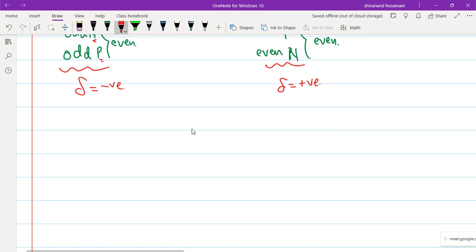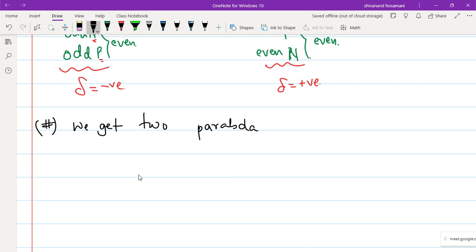Then you can expect two parabolas here. One is M of Z with A equals alpha A plus beta times Z plus gamma times Z square, minus delta, and this is for even.